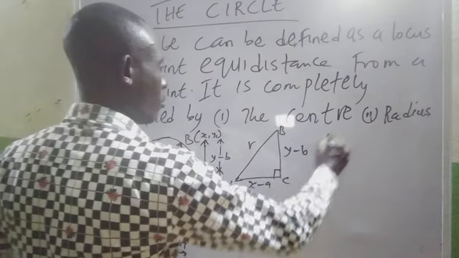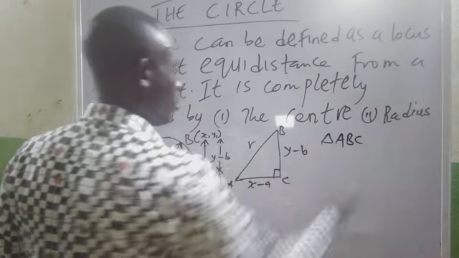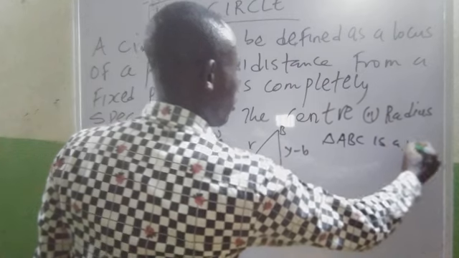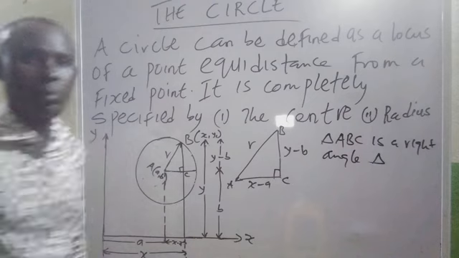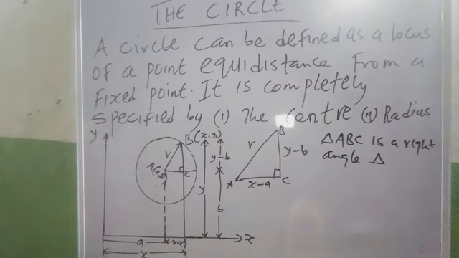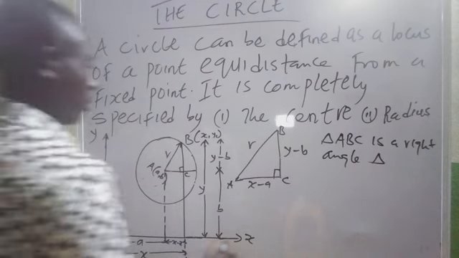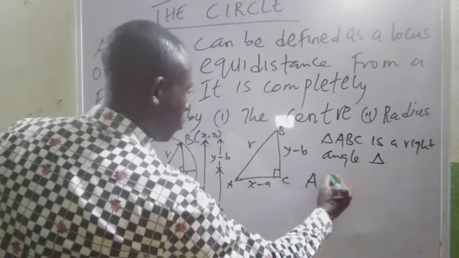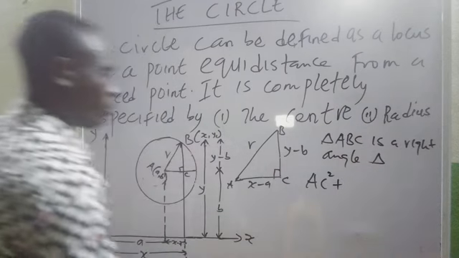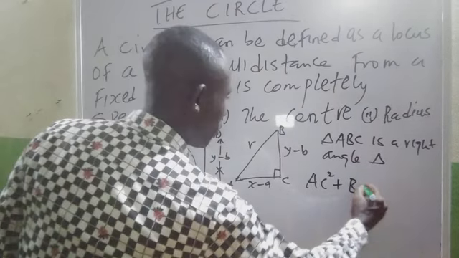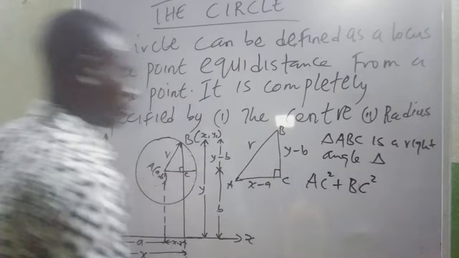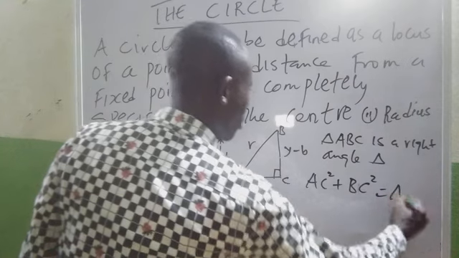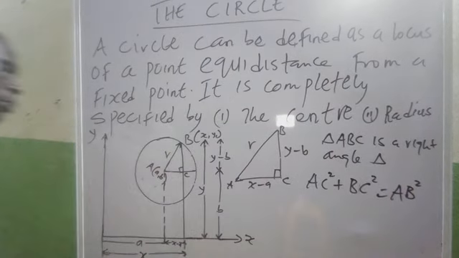Triangle ABC is a right angle triangle. By using Pythagoras theorem, AC squared plus BC squared will be equal to AB squared.